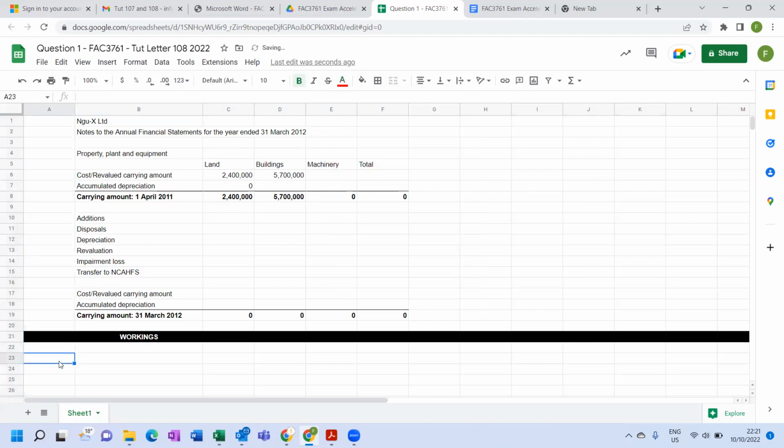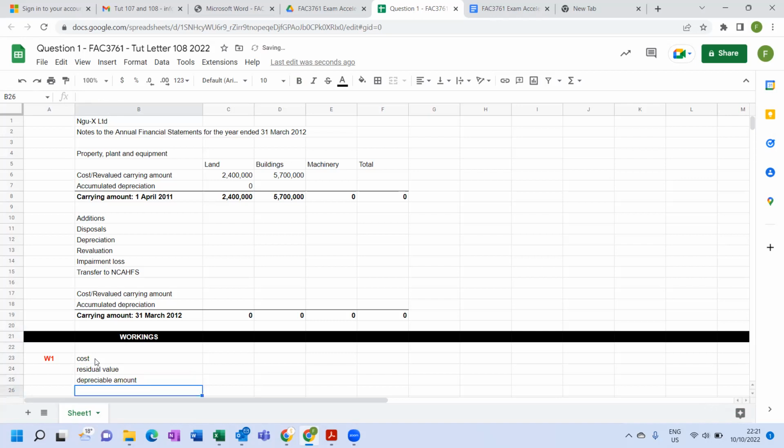Working one. I want to work out accumulated depreciation as at 1 April 2011. So I'll work out depreciation. We're using the straight line method. The straight line method says cost price less residual value gives me the depreciable amount.